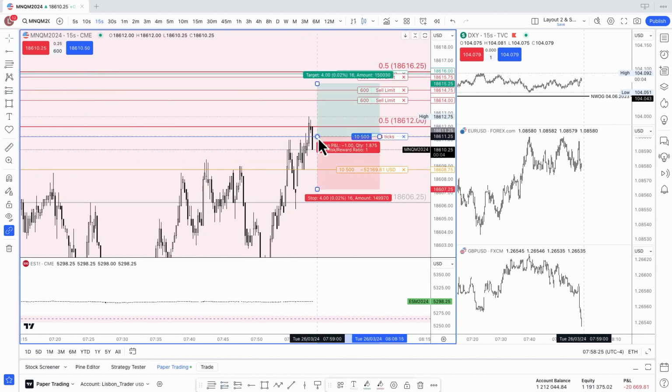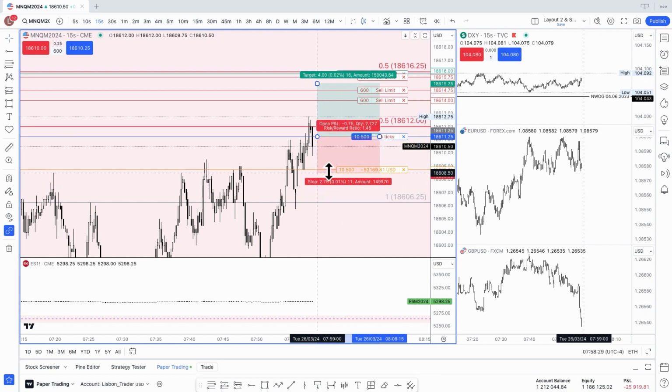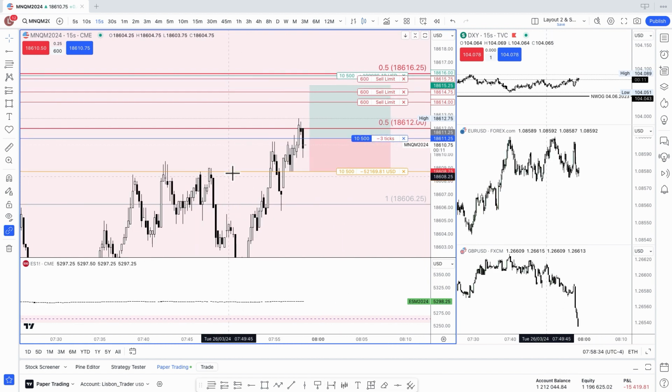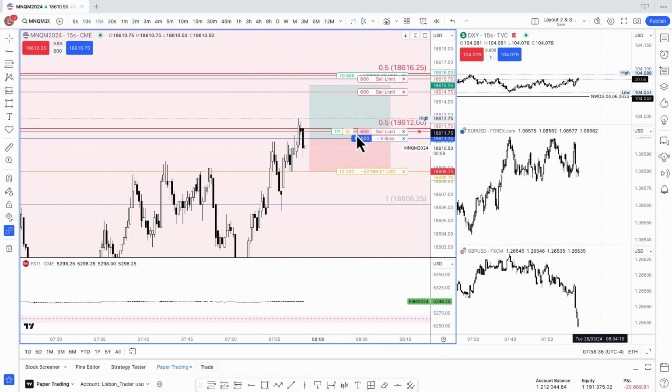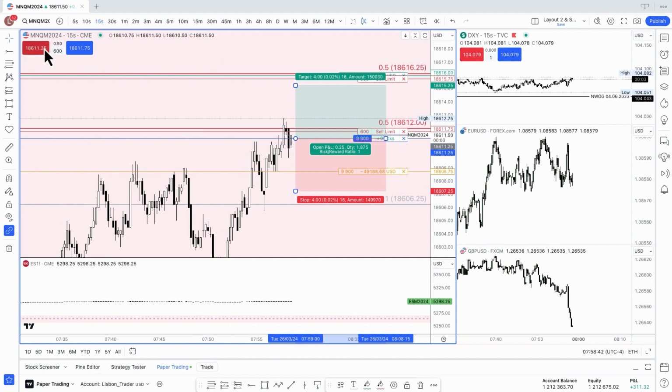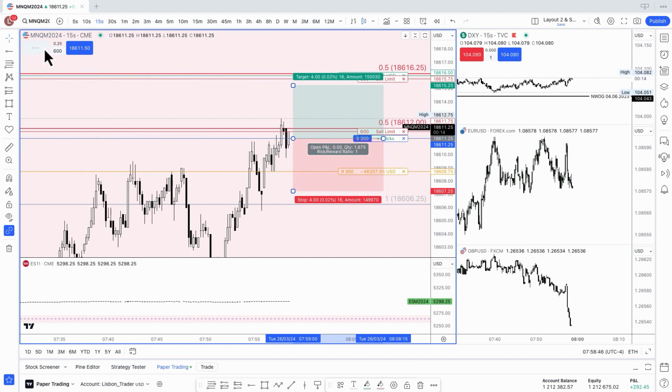So this is 2.5 stop loss to short. It's too short. Luckily this is moving higher, so I'm buying as we go.